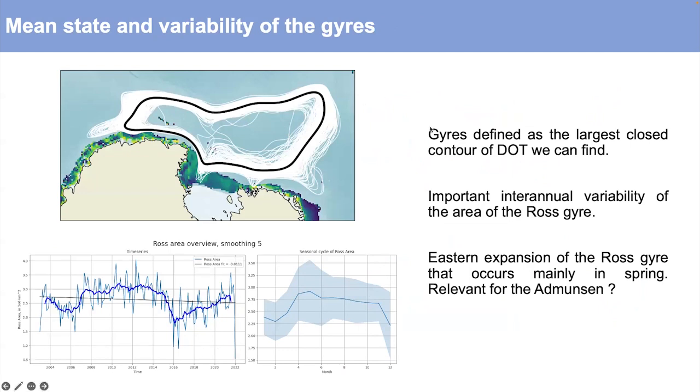Our approach was to find the largest closed contour of ADT, so absolute dynamic topography. And we saw an important variability of the area of the Ross gyre, and also eastern expansion from time to time of this gyre that occurs primarily in the spring.